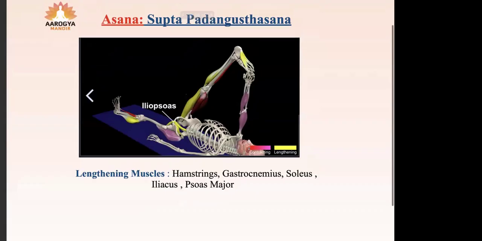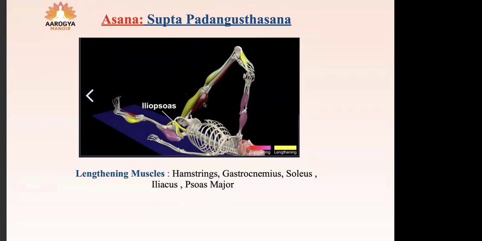You can see the visual representation, how the psoas major and the iliopsoas are getting stretched over here. And the rest of the muscles, which are marked in yellow, can be easily seen, which are getting stretched. And the muscles you're seeing in pink are basically the stabilizer muscles.